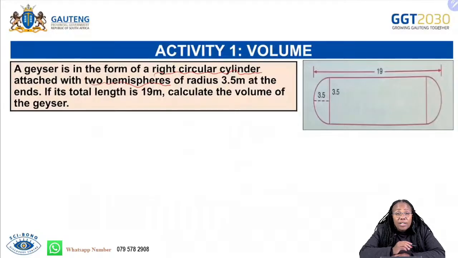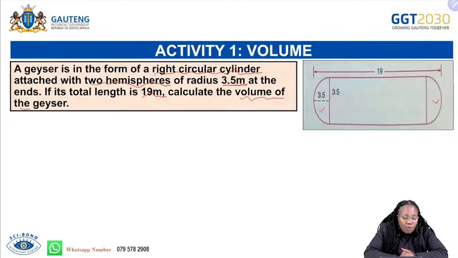Do you still remember what a hemisphere is? The full sphere is a sphere, a hemisphere is a half sphere. So here we are having two hemispheres, okay? And then now the radius is 3.5 meters at the ends. If its total length is 19 meters, calculate the volume of the geyser. We are calculating the total volume of that particular geyser now.